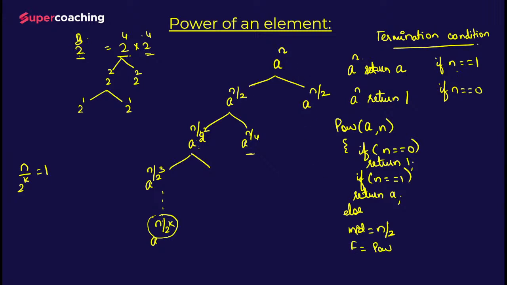You have divided the problem into 2 parts, then I'm applying the same function on this subproblem, that is power of a^(n/2) is something that we are calculating. जैसे ही आपको इसका आंसर मिलेगा उसके बाद हम दोनों टर्म्स को मल्टीप्लाई करवा देंगे, f is equal to f into f, और finally we'll be returning the value. Correct?